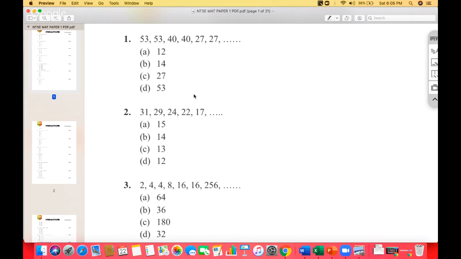So 1B is the right answer. Every number is repeated, and then we have subtracted 13.